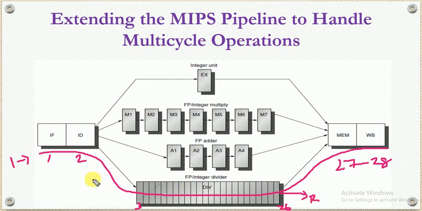Now a new instruction arrives, instruction fetch. Then instruction decode. Actually this division is not pipelined, so that is why after instruction fetch it has to wait until the completion of the entire previous instruction.